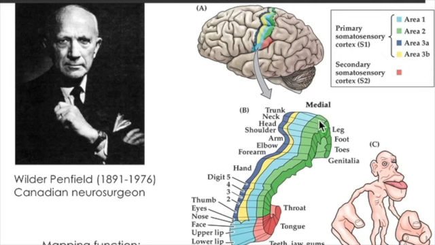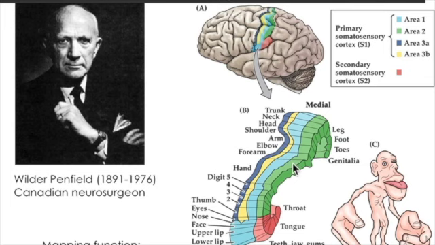So if he stimulated this part of the cortex, the patient said, "Oh, I feel touched on my leg, or I feel touched on my foot, or on my genitalia, and so on, or my hand." What was interesting was that there was not a strict one-to-one mapping between the size of the body part and the size of the brain area corresponding to that body part.